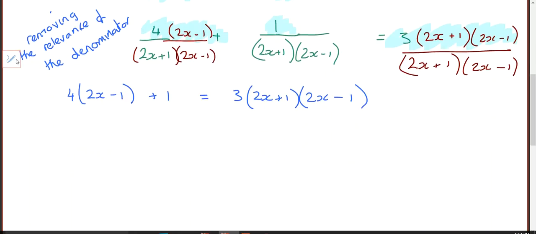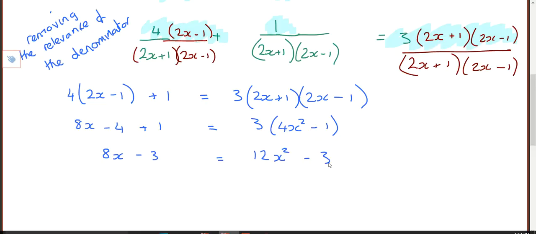Right, what do we do now? Expand the brackets. 8x minus 4 plus 1 equals, well, actually I've got 4x squared minus 1 now, again, times 3, which is then, I've got 8x minus 3 equals 12x squared minus 3.